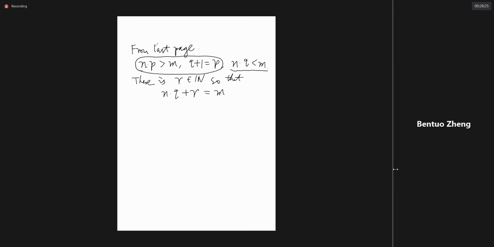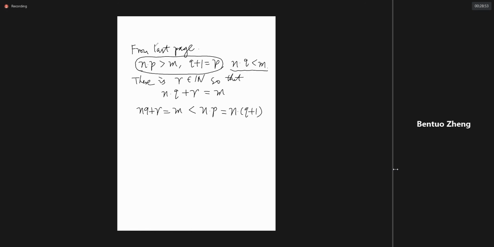So we know that N times Q plus R is equal to M, but M is less than N times P by the first inequality. But P is equal to Q plus 1, so this is N times Q plus 1.